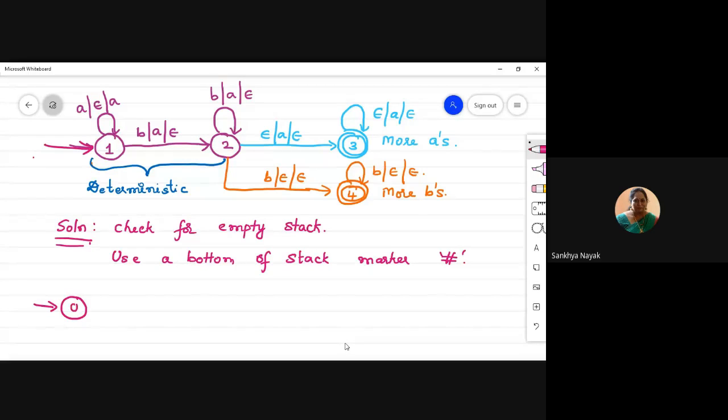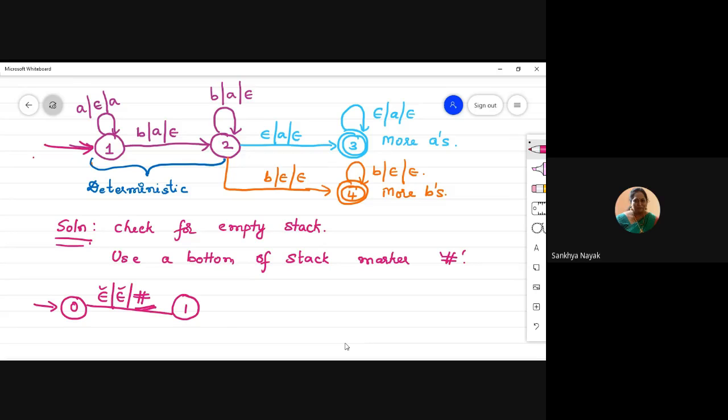The first thing I will do in that state is, doesn't matter what my input is, and nothing will be there currently in the stack, but no matter what is there, I'm going to push hash into the stack. So the first step makes sure that the first symbol in the stack is not A, but hash. This is the bottom of the stack content.